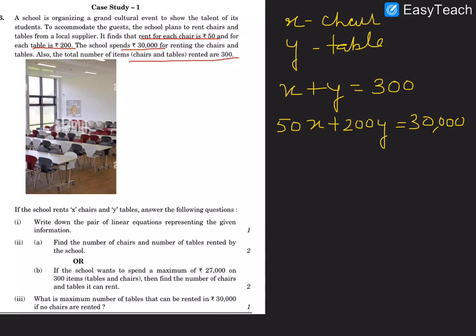For the second part, we need to find the number of tables and chairs rented by the school. So 50x plus 200y equals 30,000. Divide this whole equation by 50.